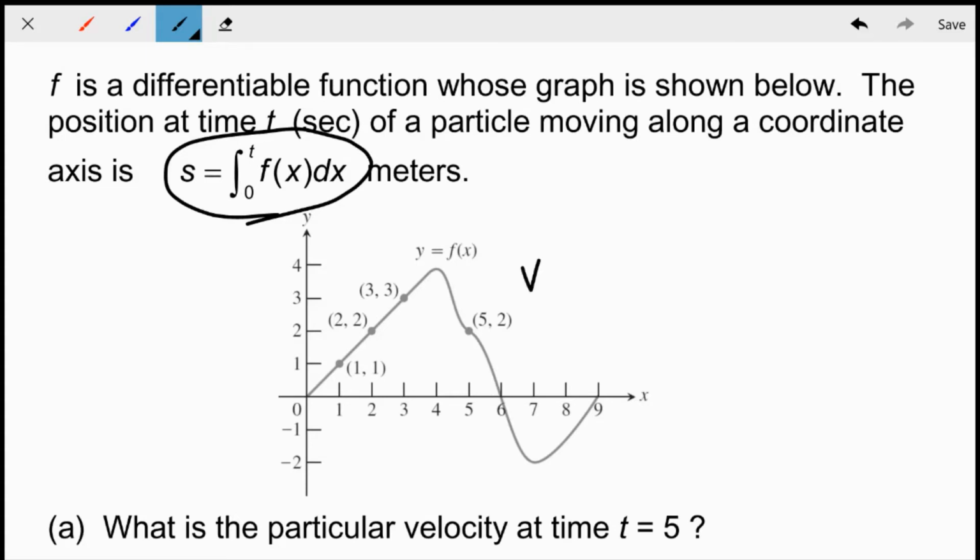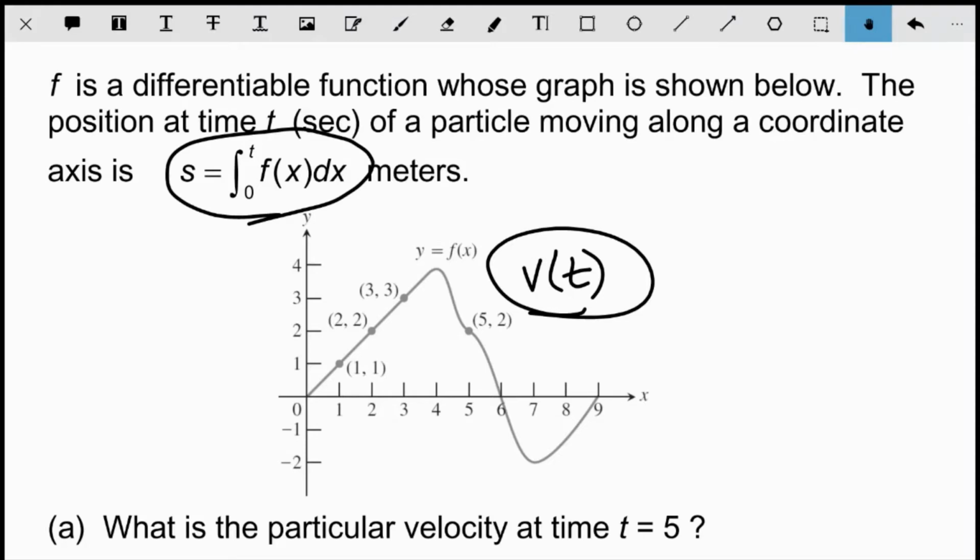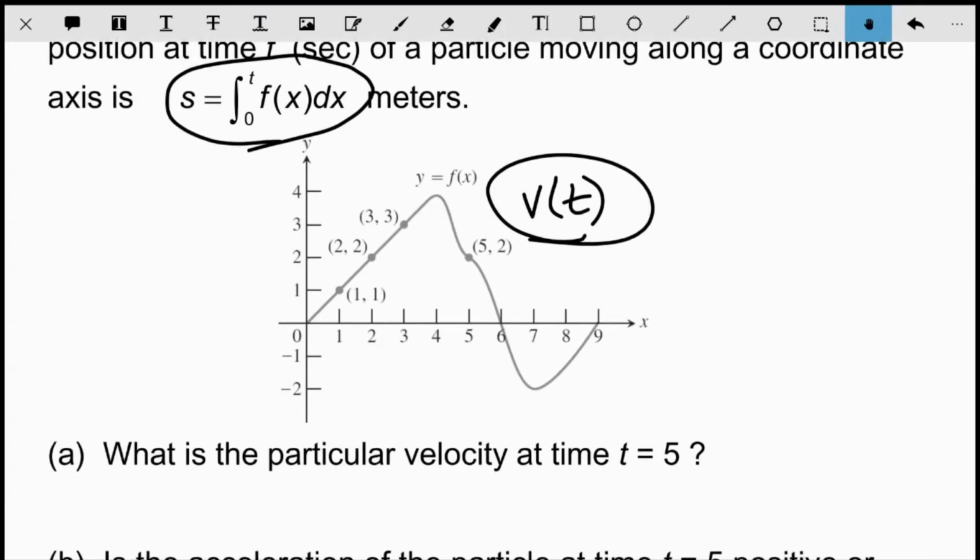And you can see here, in this case, this would be my velocity graph. Like I said before, I always write that on the graph, and I usually circle it just so every time I look at that graph, I'm remembering that in this problem, I should be interpreting this as the velocity graph.